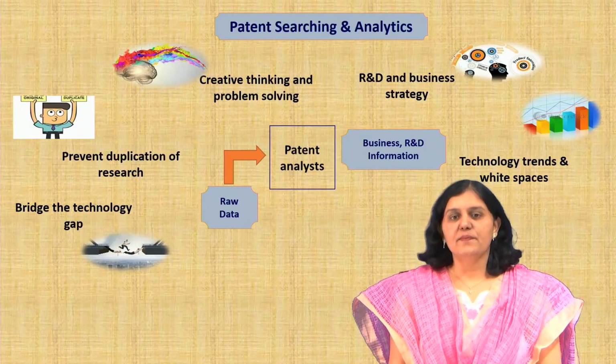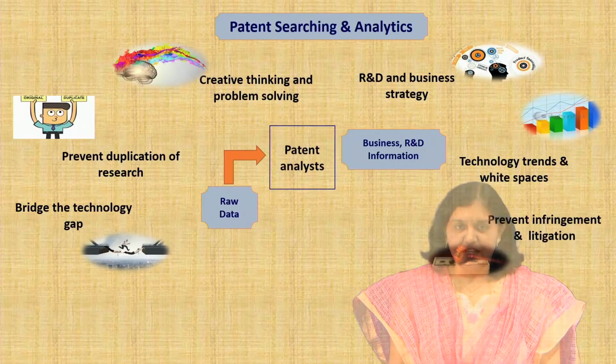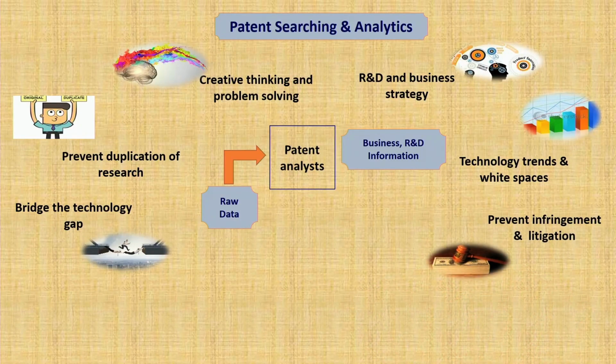The next one is prevent infringement and litigation. This is very important. Patent litigation is very costly and you know the legal maxim ignorantia juris non excusat. The meaning of it is ignorance of the law excuses not. That is, if you say I was ignorant about it, the law will not give you an excuse.